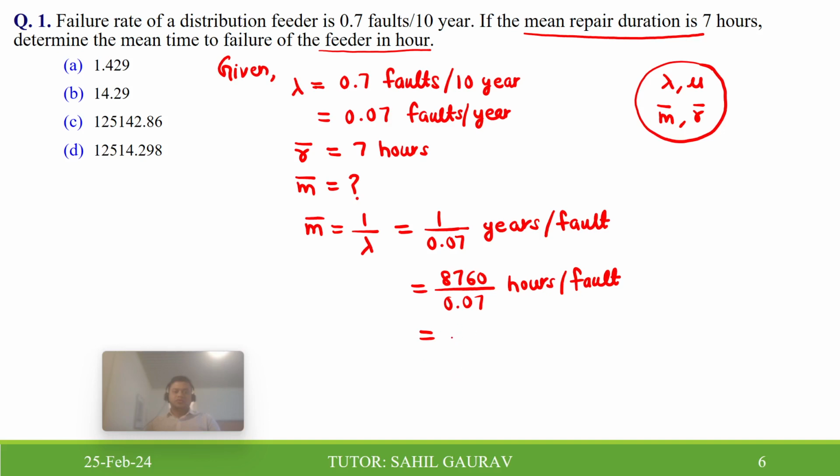So you will get 125,142.86 hours per fault. So the correct answer is C.